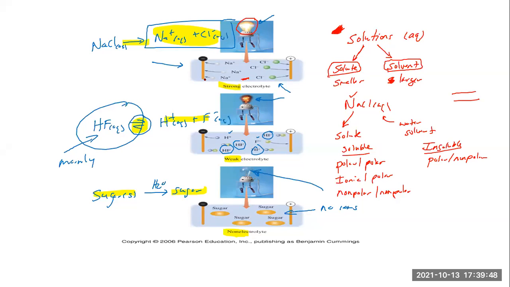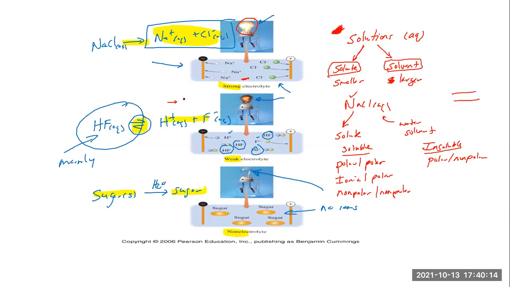There are certain things that are weak electrolytes, like in the middle here. Unlike a strong electrolyte, when they go into solution, they tend to stay together. HF, which is hydrofluoric acid, is an example of a weak electrolyte. It will mainly stay together in solution, but it still will break apart a little bit into ions.